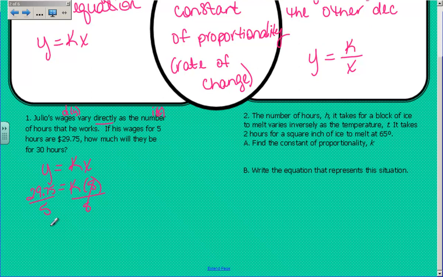And so what that tells me is that Julio makes $5.95 per hour. It's going to be my rate of change. So to figure out how much he makes for 30 hours, I'm just going to do $5.95, which is my k, times 30. And that will give me how much he's going to make. And so I will multiply, and I get that he's going to make $178.50.